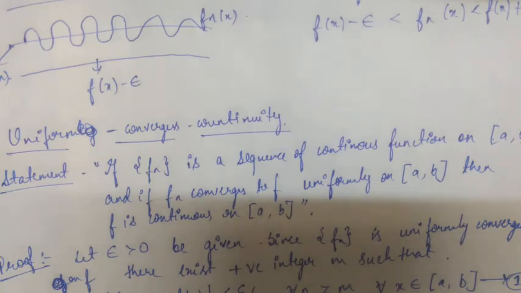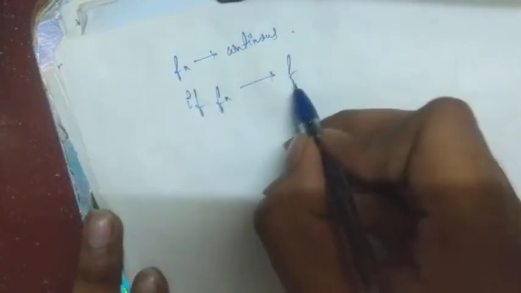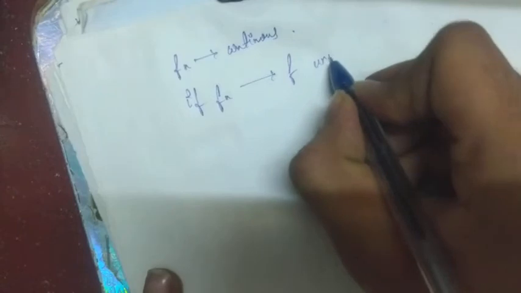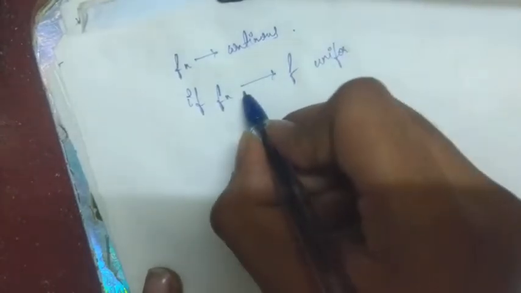Basically, I will just explain the statement. The statement of the theorem says that when fn is continuous function on closed interval a comma b, if fn converges to f, this is the convergence sign, uniformly, we can write this as uniformly in this way.